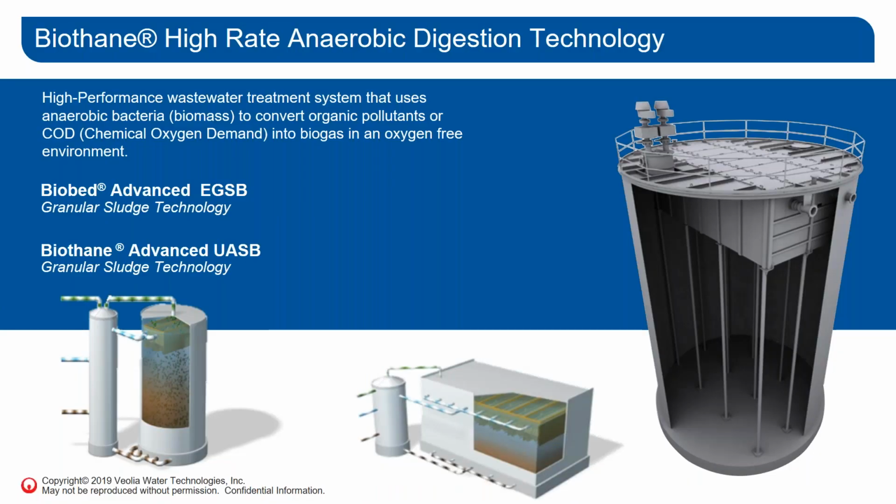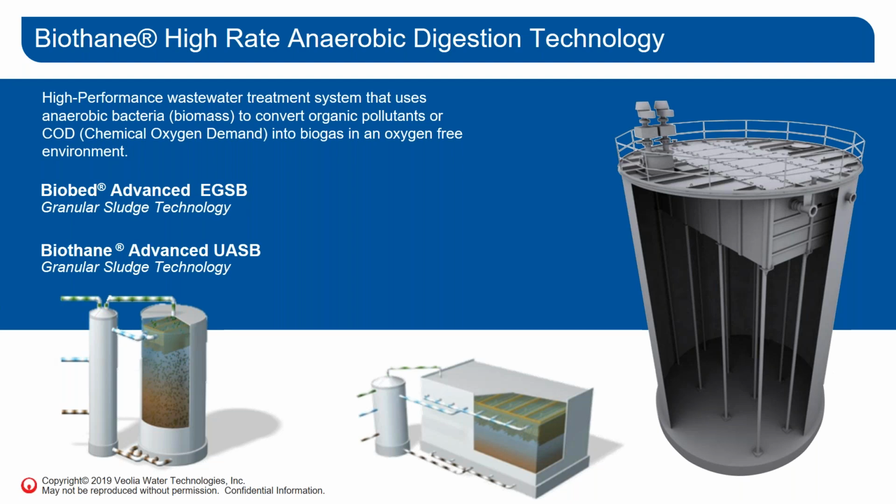So there are different types of anaerobic treatment that can be applied in general for industrial wastewater. But as we've seen over the last few decades, pulp and paper wastewater really call for high rate granular sludge technology. We have two different types of technologies for this.